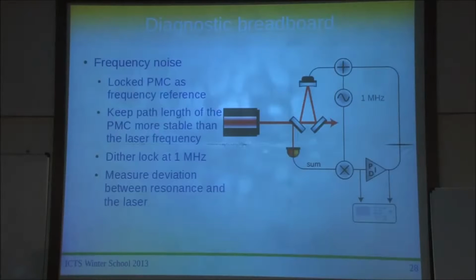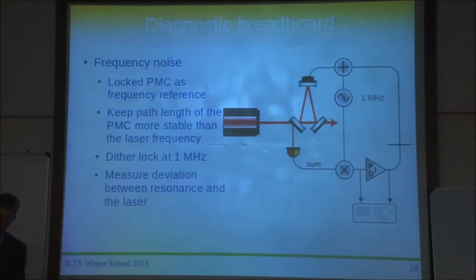And to keep it more stable than what the laser is doing frequency-wise, this thing really has to be stabilized, and that's done again with some sort of Pound-Drever-Hall stabilization scheme. It's kind of similar actually to the Pound-Drever-Hall system. Well, actually, I would call it the same. The difference is that in this case, you don't modulate the laser beam with some sort of EOM.